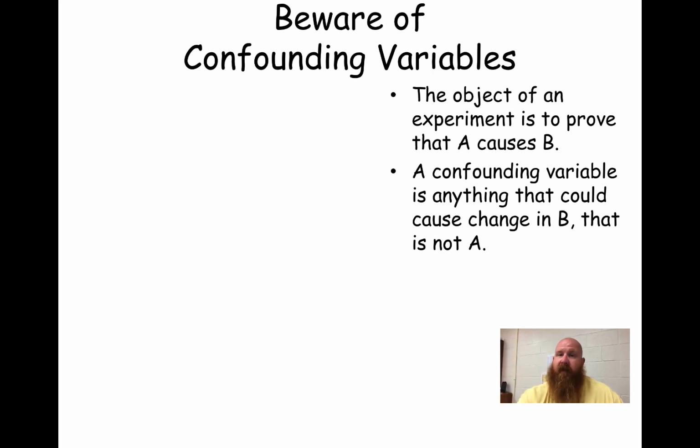Socioeconomic status could be a confounding variable. Maybe they just don't live a very healthy lifestyle. Maybe there are other things going on. Maybe they have a drug addiction, or maybe they drink lots of alcohol. These things can be confounding variables.